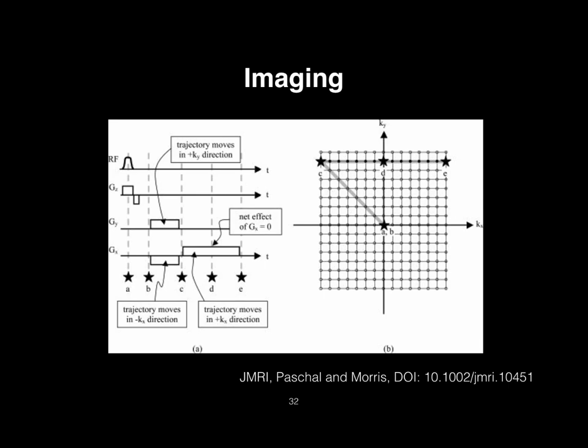So positive ky takes you up, negative ky takes you this way, to your left. And now we get to this point here, and this is where you are at point C. And then as we turn on our X gradient here now, so we create our range of frequencies that we read out, now that will actually walk us from one side of k-space along kx to the opposite side.